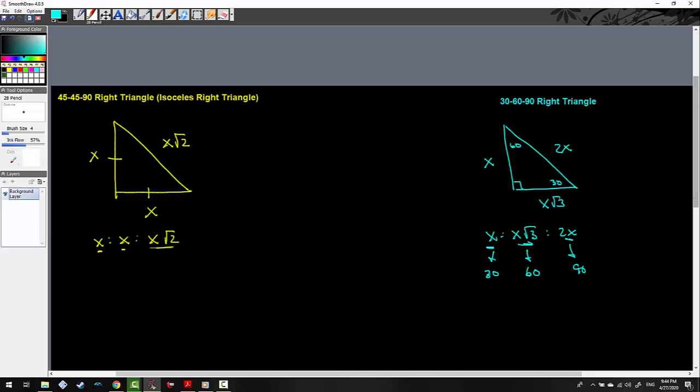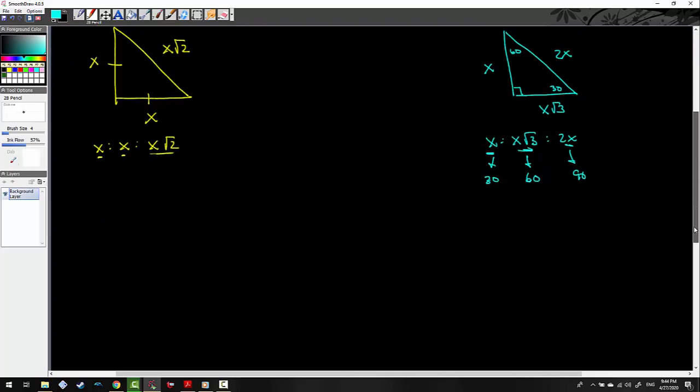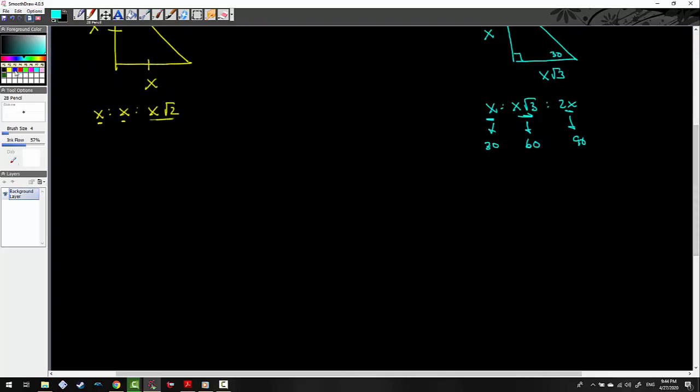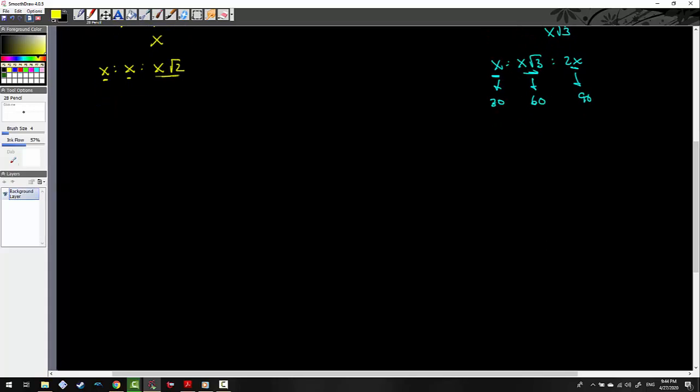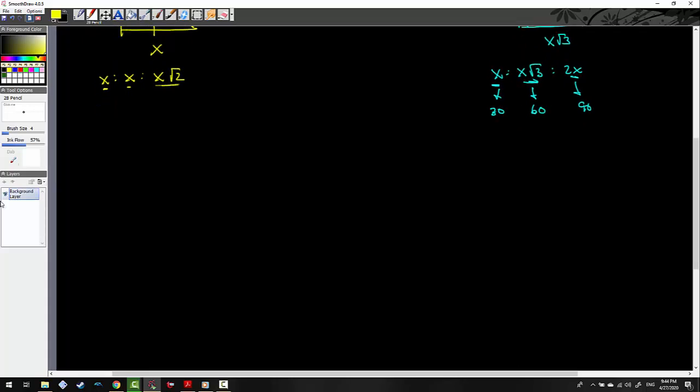And so one of the consequences of knowing your special right triangles is having to do a special right triangle without all the information. One of the first things they're going to do with a problem like this is they'll throw a triangle at you that only has a piece of it.